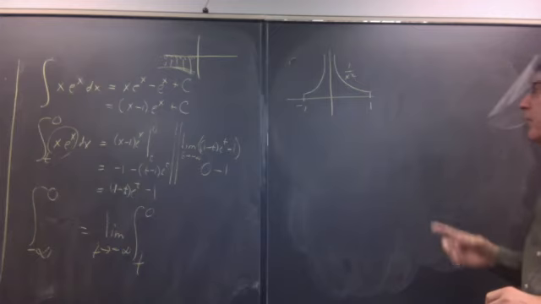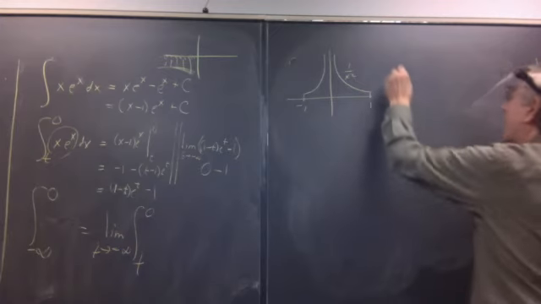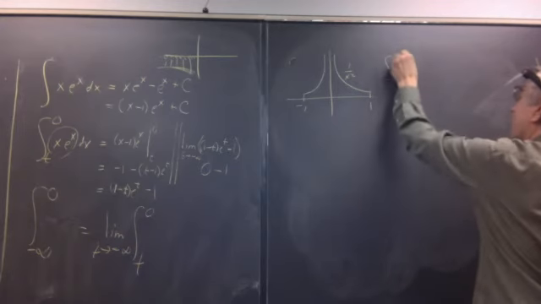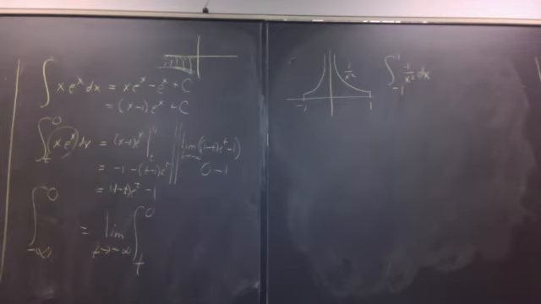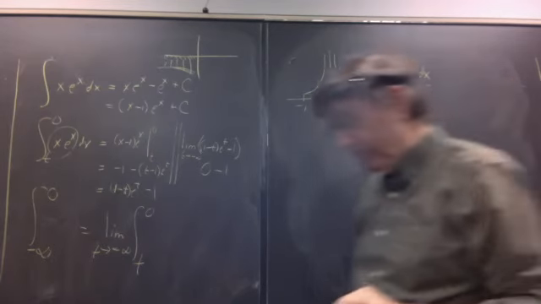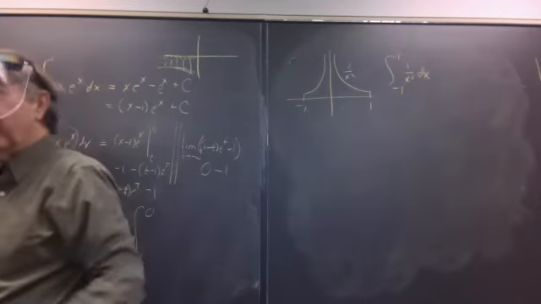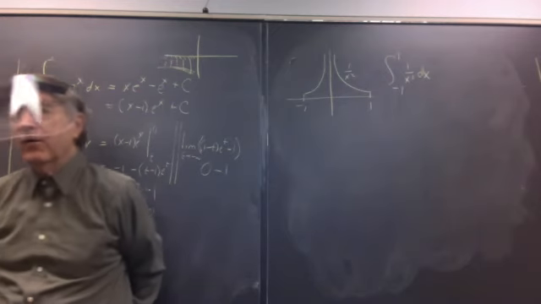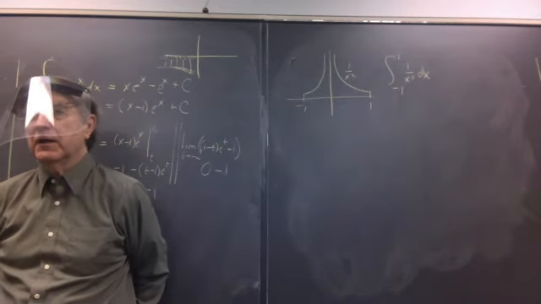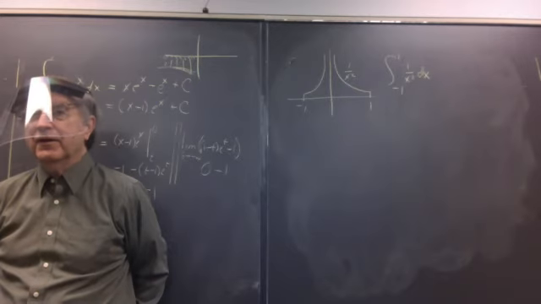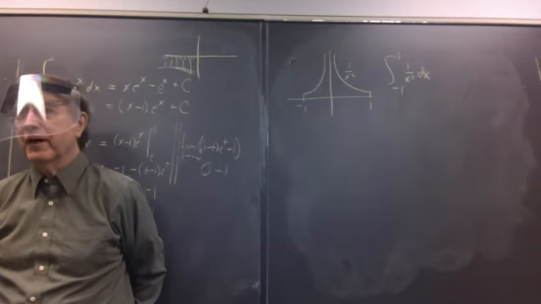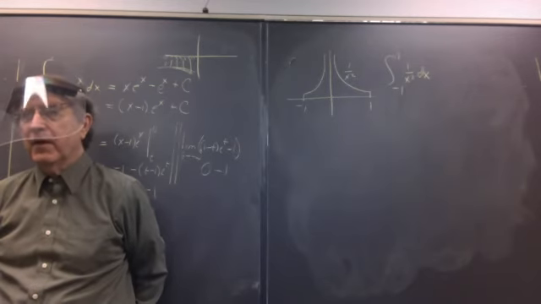So it turns out that if I wanted to integrate from -1 to 1, that symbolism, which has been good for us for a semester, no longer has a meaning. Why does it not have a meaning? Because the integral does not exist.